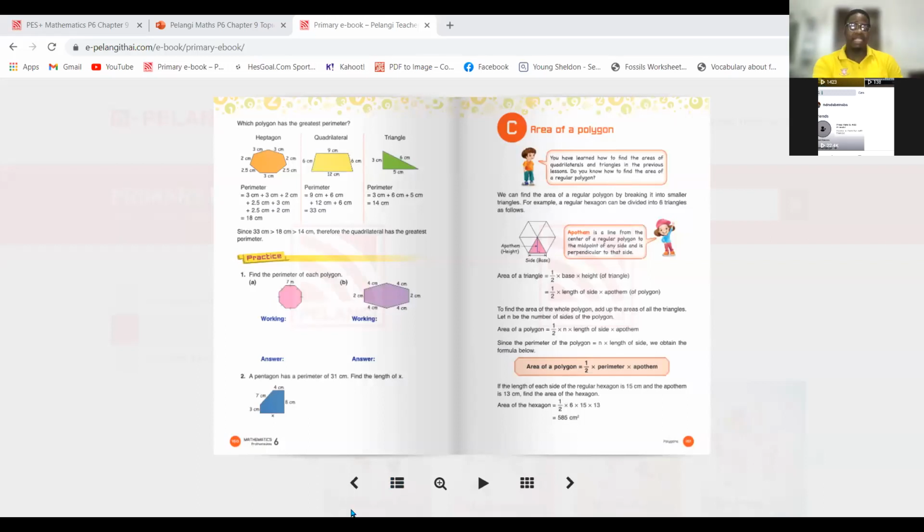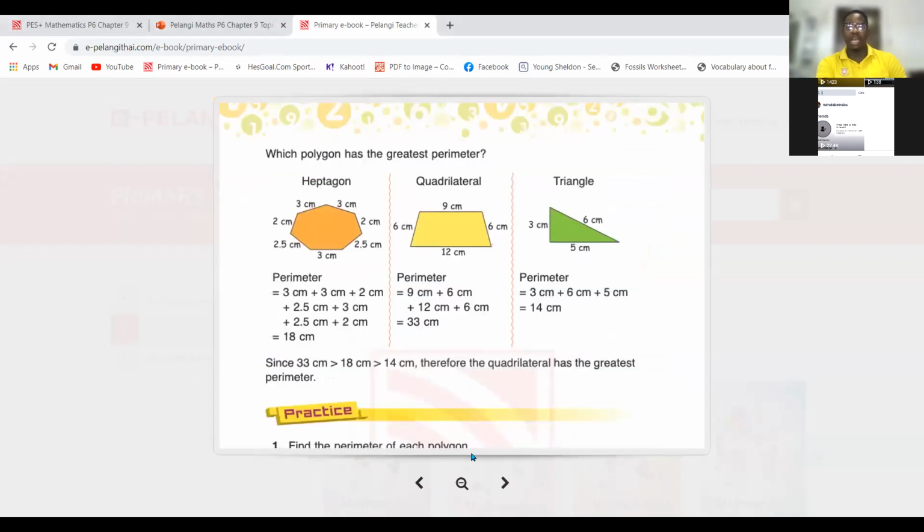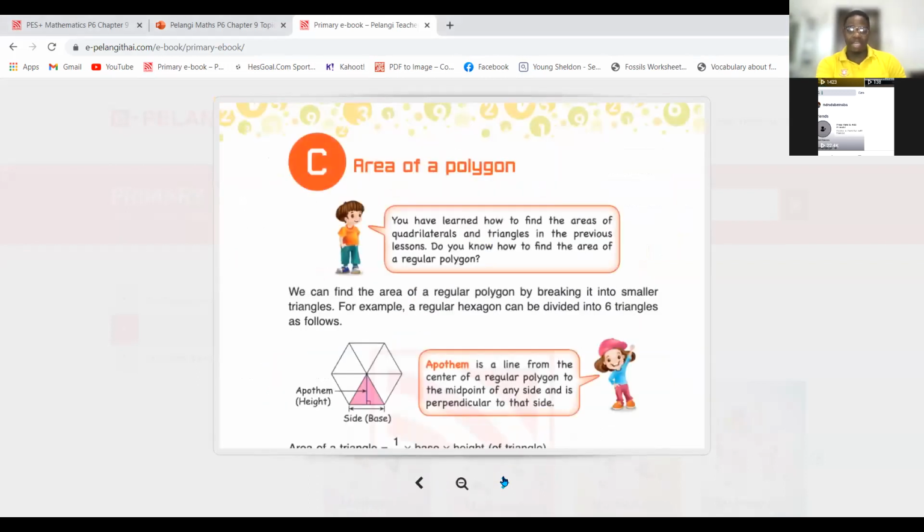If you missed that Friday class, please go back to your textbooks and your workbook and do your exercises there. But for today, we shall look at the area of polygons.